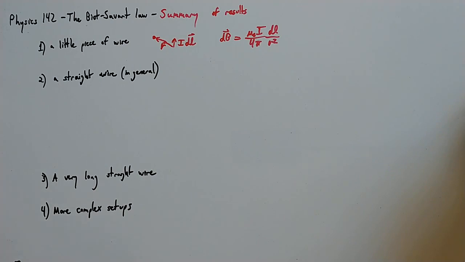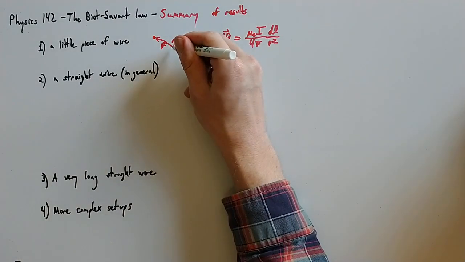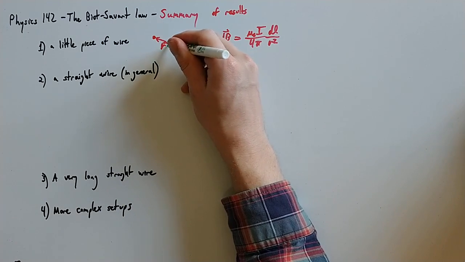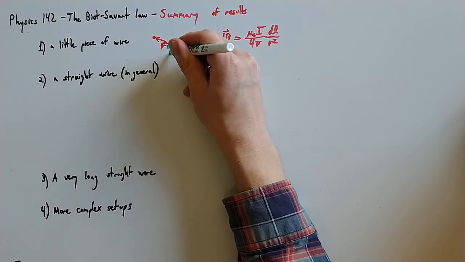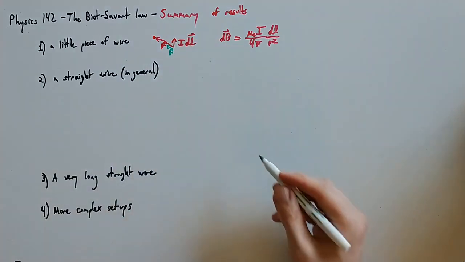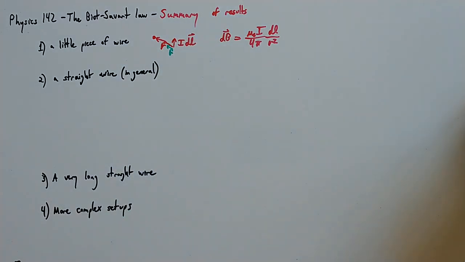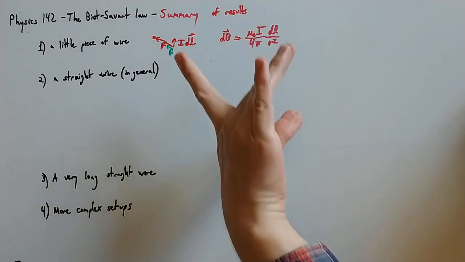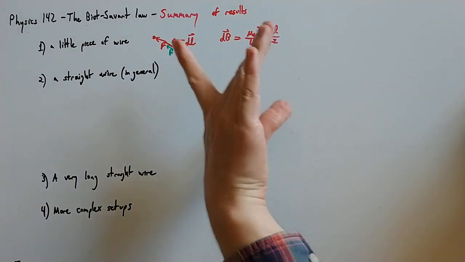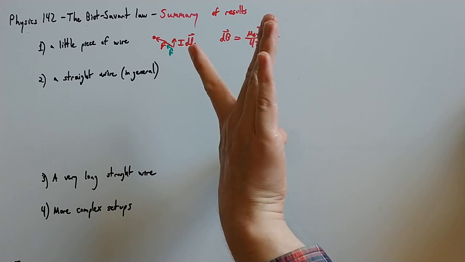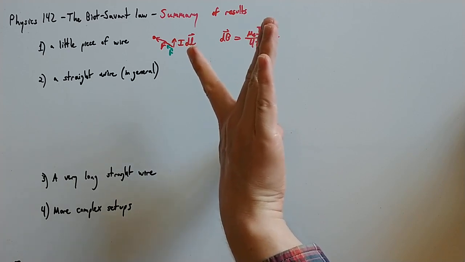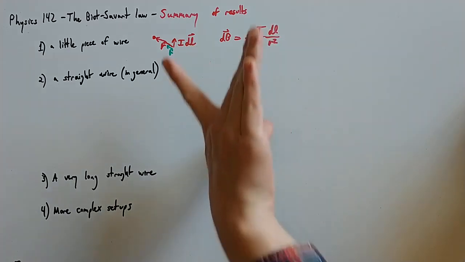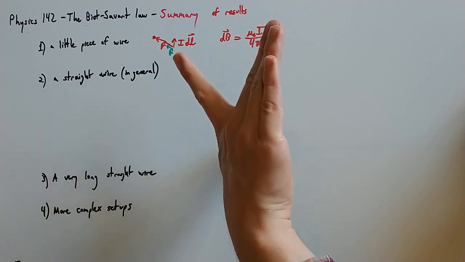And just to remind ourselves, r hat is a unit vector that points in the same direction as r, but it just has length 1. So if we've done this cross product, maybe we have I dl cross r hat.